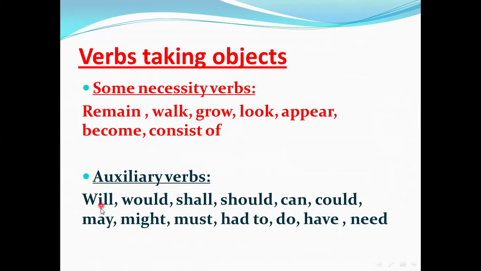When we say will go, will play, this is an auxiliary verb. Will, would, shall, should, can, could, may, might, must, do, have, need. The verbs that come after the modals will be in the infinitive form.